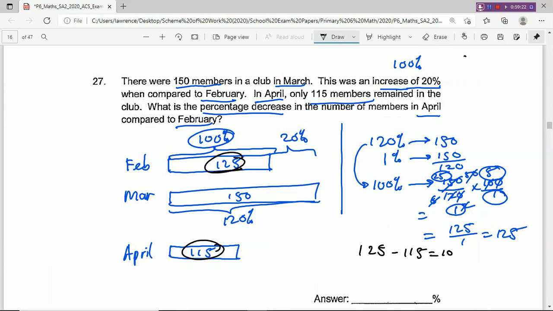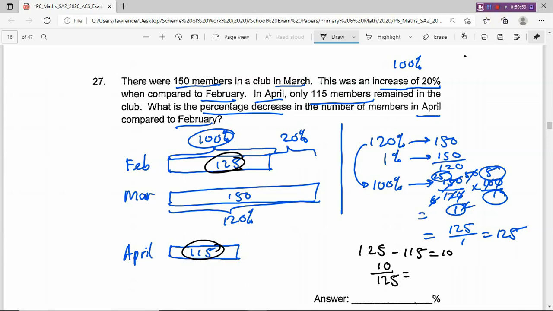Now, fractions and percentages are very good friends. So to get a percentage, you may want to get your fraction first. What is the fraction? The numerator is the decrease, and the denominator is where you start from before you decrease. So you start from 125 before you decrease to 115. Once you get your fraction, you can make the denominator 100 or you can times 100%, whichever way you want to convert to percentage.